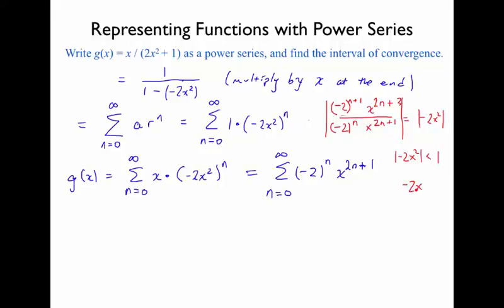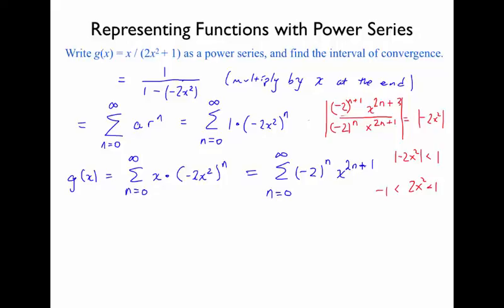So that means between 1 and negative 1. Or actually, the negative 2 can just be 2, right? Absolute value of negative 2x squared is just 2x squared.